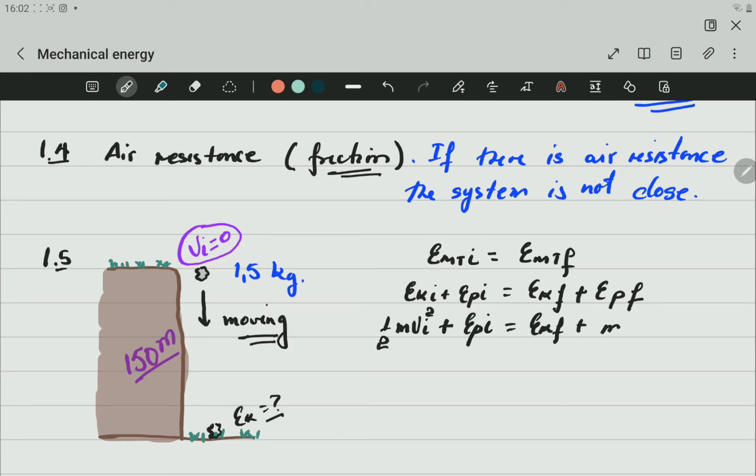Now, what is the initial speed of the object? The initial speed of the object is 0. So all this is going to be 0, because the initial speed is 0. So it's 0 plus the initial potential energy.